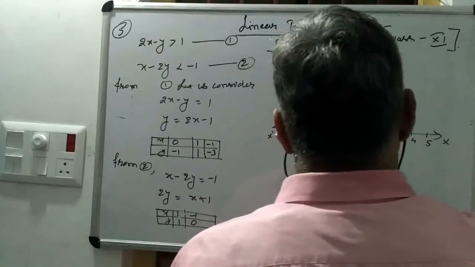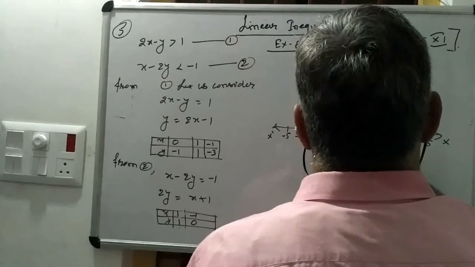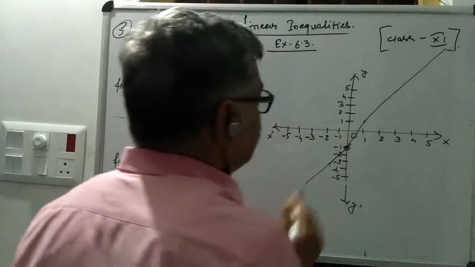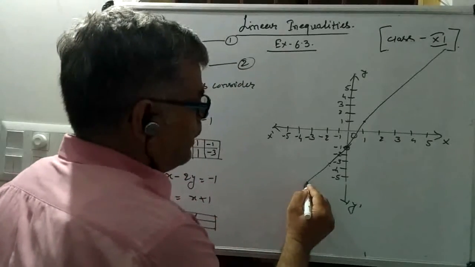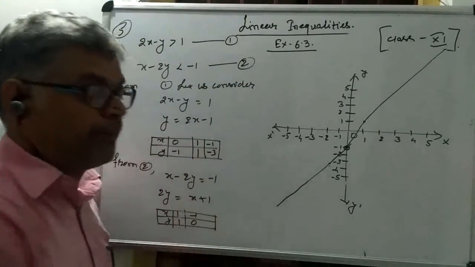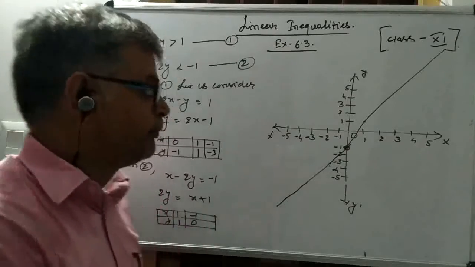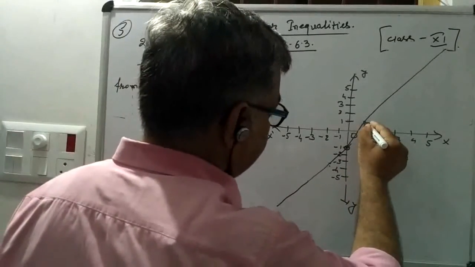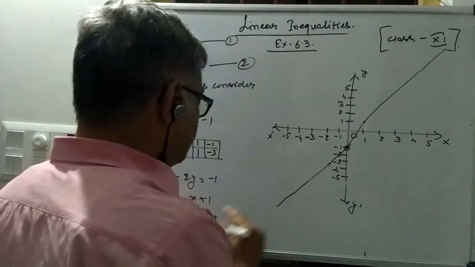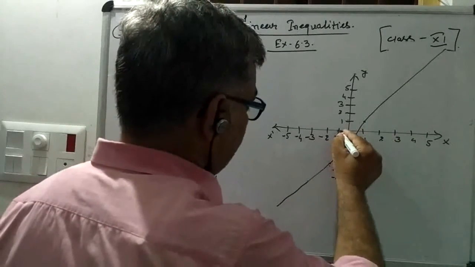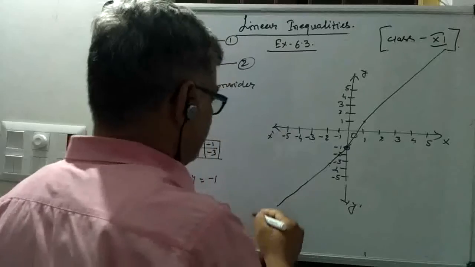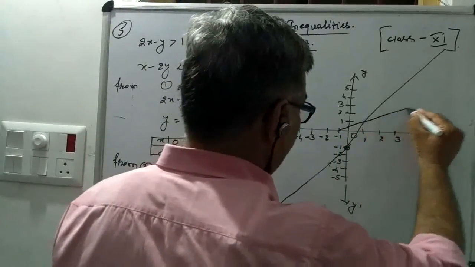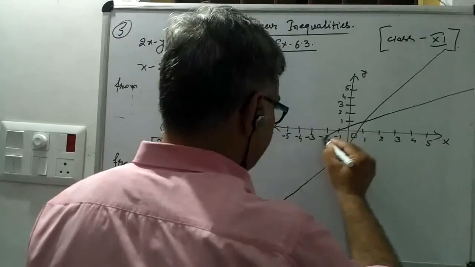Now join all these 3 points. Suppose this line becomes a little tilted, but if you draw it on graph paper, you will have a straight line. Now for the second line, 1, 1 is here, and minus 1, 0 is this one. When you join these 2 lines, you will have something like this.